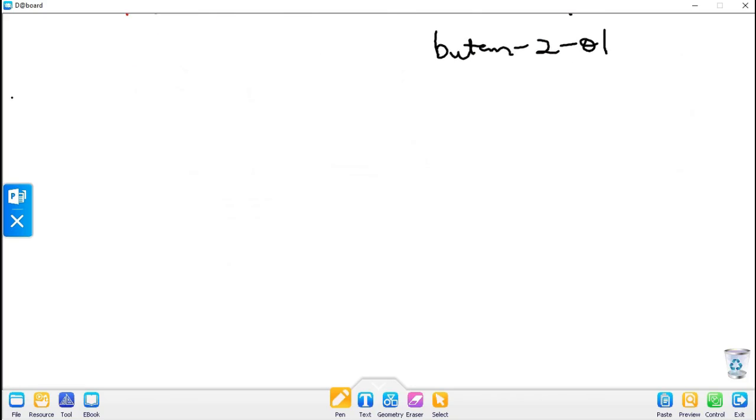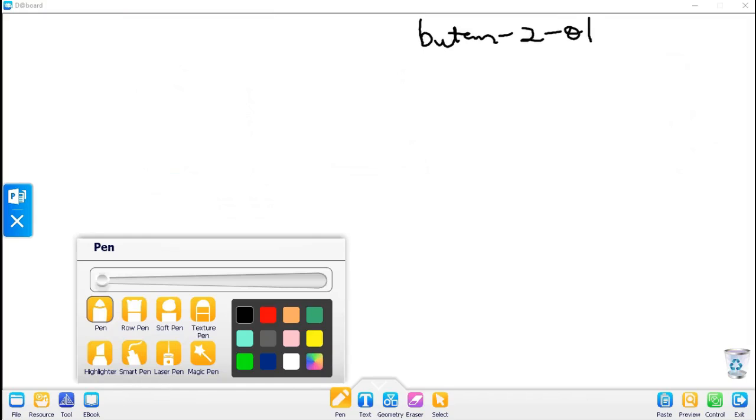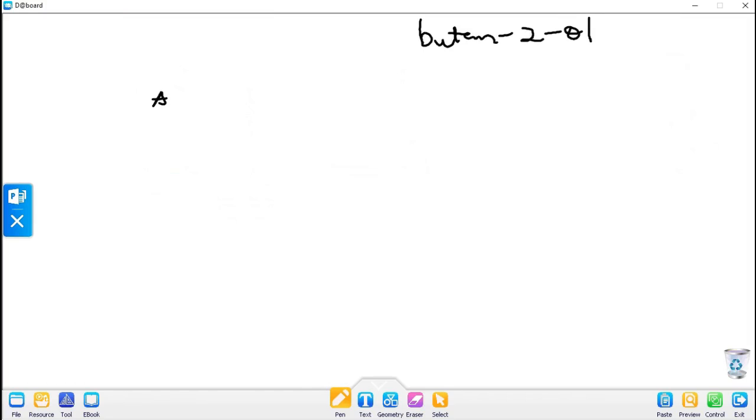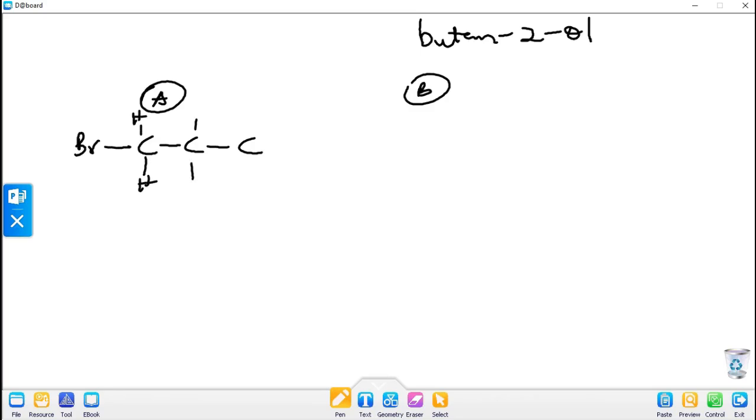Now let us take a look at this compound. Briefly, this is compound A, and we're going to see compound B. So compound A is, that is compound A. So let's look at compound B. Compound B is.